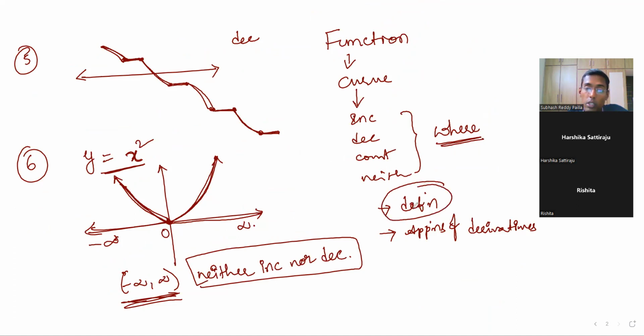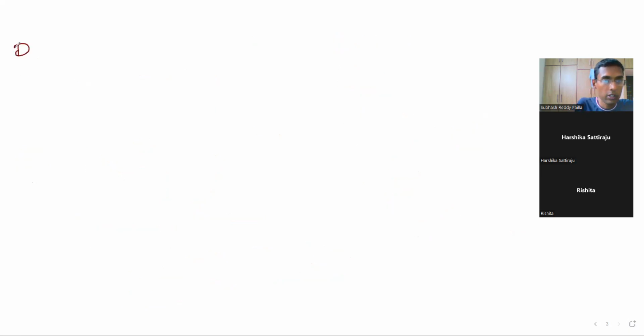Now we are going to discuss its definition and the application of derivatives. By applying the derivative, we find out the interval, or if they give the interval, we find out whether it is increasing or decreasing. So first of all, the definition.